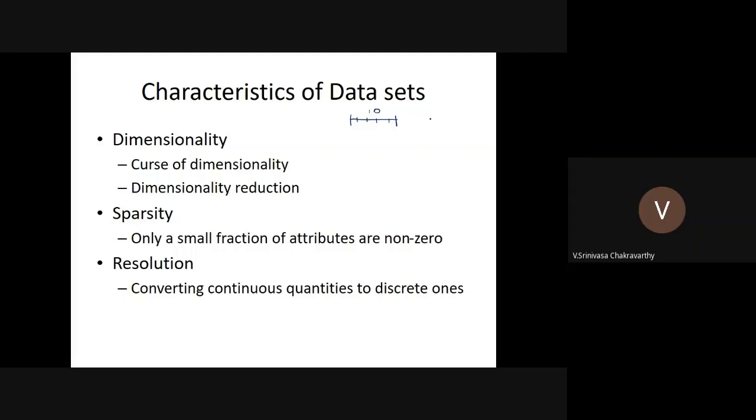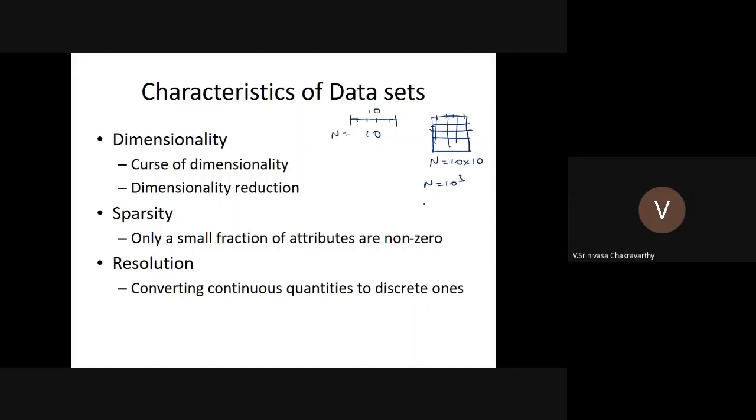But if I have to sample a two-dimensional space at the same resolution, I have 10 points in this axis, 10 points in this axis, right? So here it is only 10, so my n is 10. In this case, n is 10 times 10. And similarly, if it is 3D data, then n becomes 10 cube.